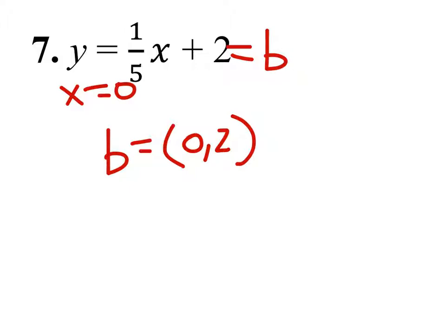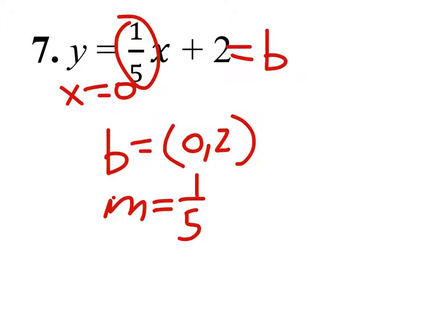And then we also know that this right here is the slope. So we just go m equals 1/5. Done. Excellent. I noticed you chose a great color.